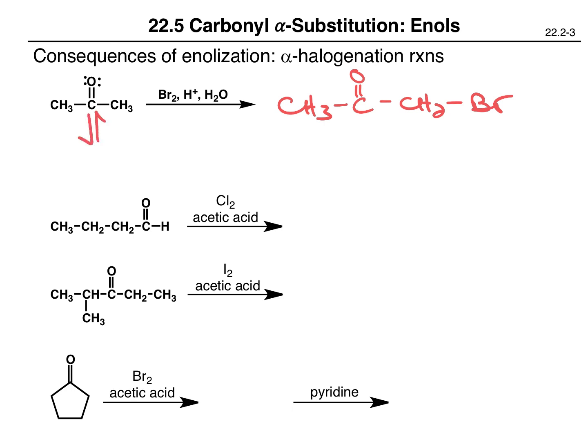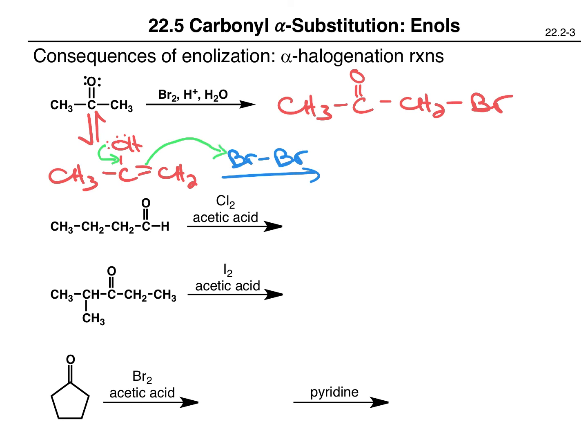Well, this can be tautomerized to give this compound, and now this compound can react with bromine. The oxygen can help out so that these electrons come here, making the alkene more nucleophilic, so that these electrons can be shared here, pushing away the bromine, giving us this double bond here, positive charge.